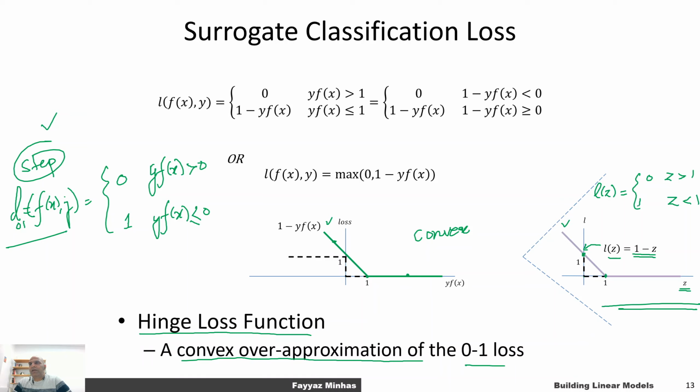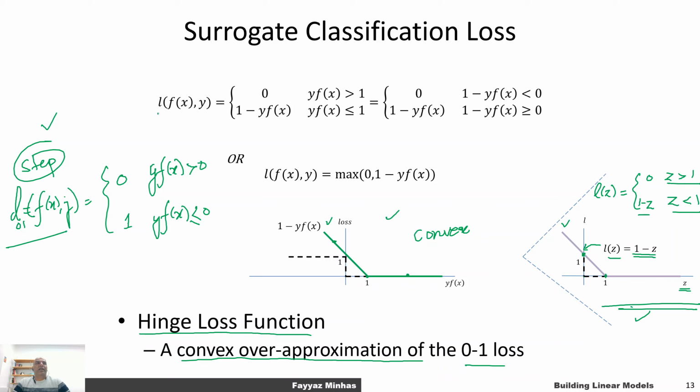So we can simply write it as a piecewise function. L of z is equal to 0 whenever z is greater than 1, and L of z is equal to 1 minus z whenever z is less than 1. Now, if you compare this thing over here to this thing over here, the only difference is that we have done a change of variables. So z is equal to y times f of x. If we put that in, what we get is essentially this.